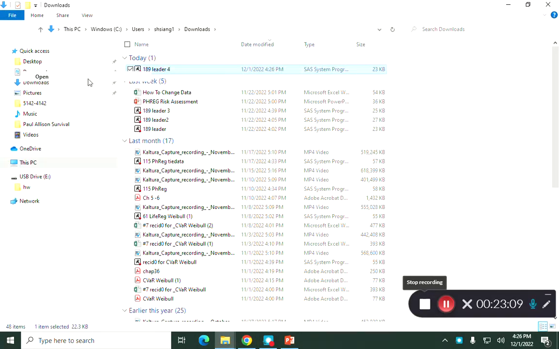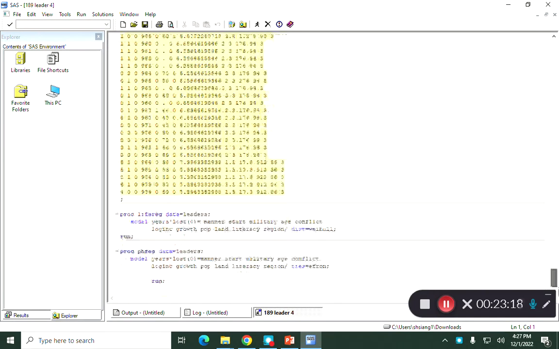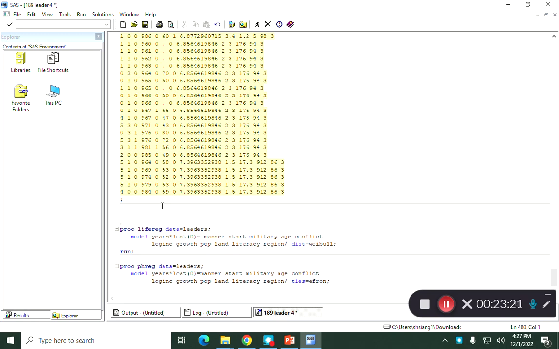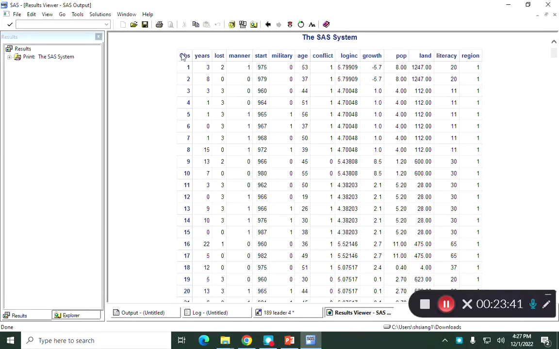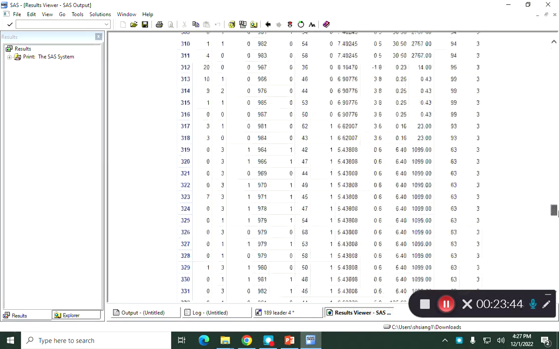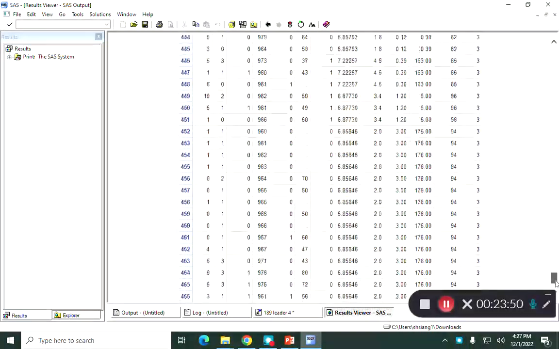For the world leader, you can just do a simple statement, PROC PRINT, run. If you do this, highlight all the world leaders from regions 0, 1, 2, 3.